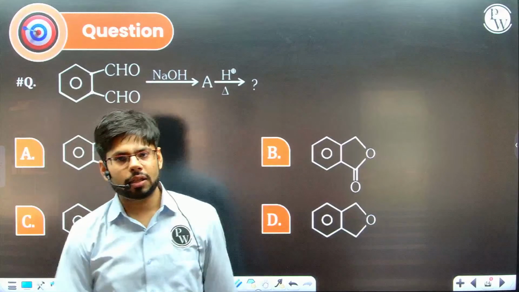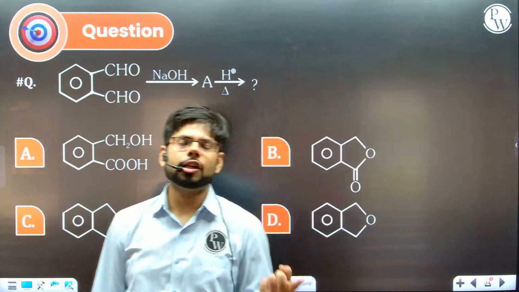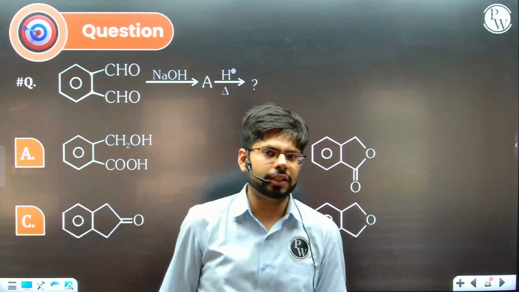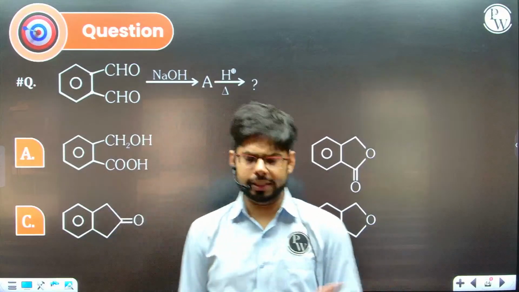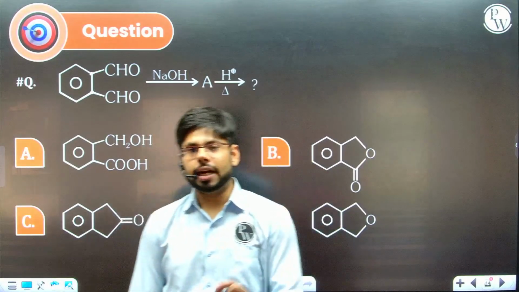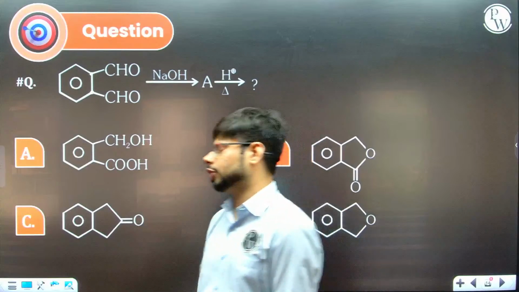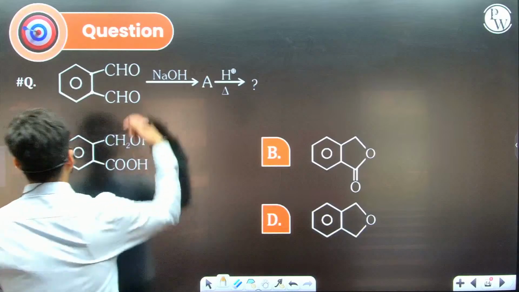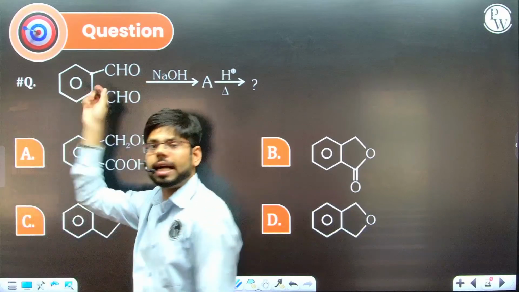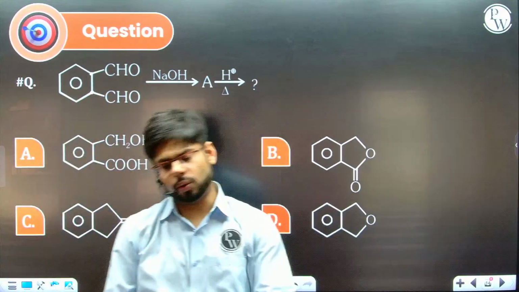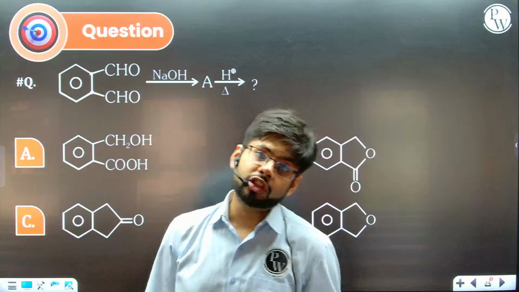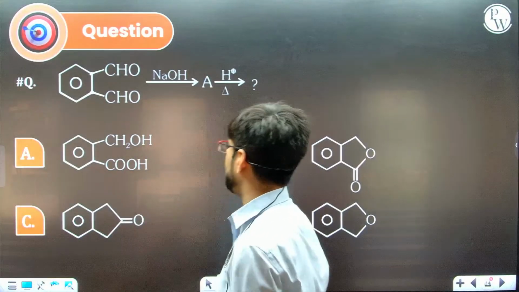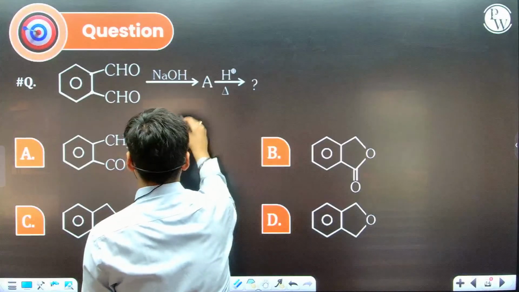And we know that when an aldehyde lacking alpha hydrogens is treated with concentrated NaOH or KOH, we get a reaction called Cannizzaro reaction. So a very important reaction will take place. Now here, both the aldehydes are in the same molecule, so the reaction will be called intramolecular Cannizzaro reaction. So what is A?